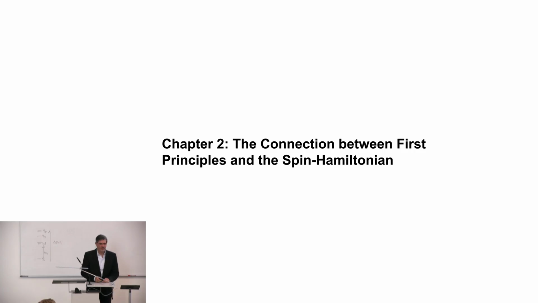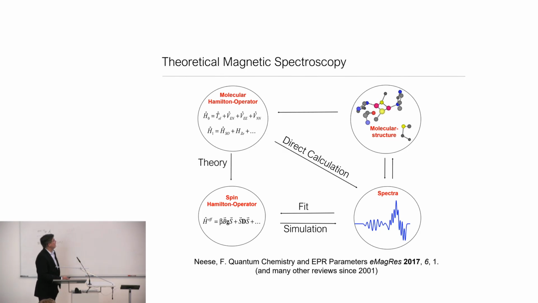Like, where does it come from and how does it connect to the actual geometric and electronic structure of the system? And so here is the overview of what that means. So you have the primary data, which is the magnetic spectrum. And that has some connection to the molecular geometric and electronic structure, obviously, and because that is calculable by quantum mechanics.